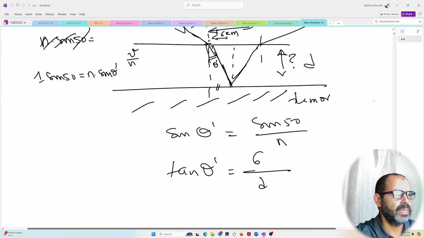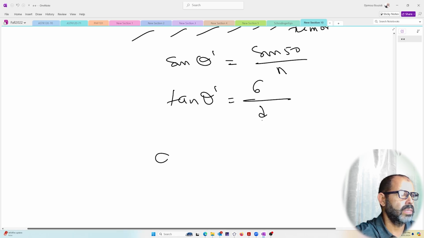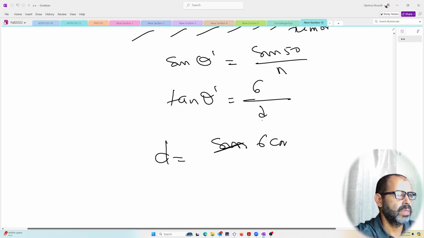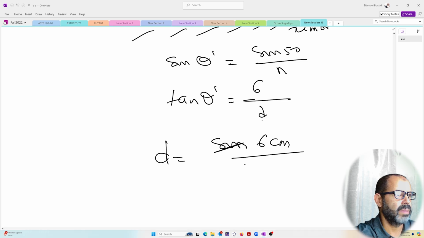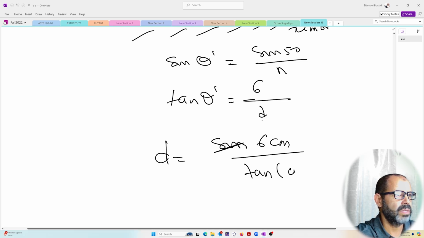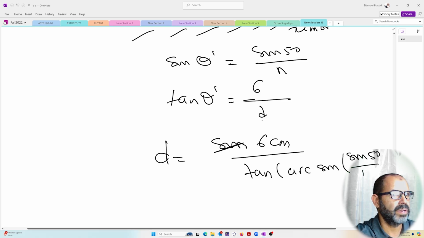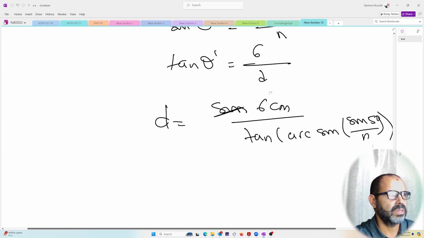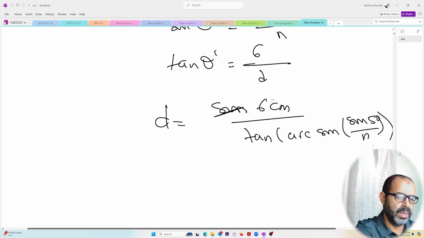So d is going to be equal to 6 centimeters divided by the tangent of theta prime, and theta prime is the arc sine of the sine of 50 degrees divided by n. It sounds complicated, but it is not. It's just the arc sine of some sine over something. I'm just trying to write this symbolically so that I can put it in GeoGebra.